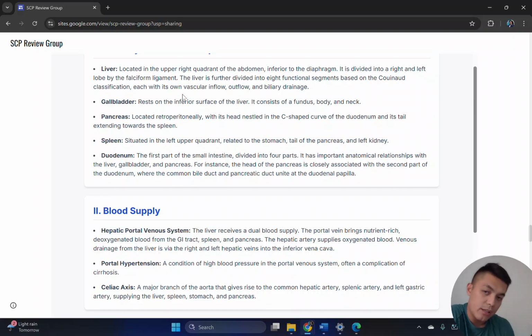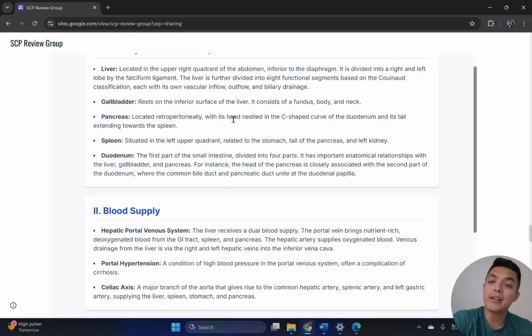In surgery, it's very important that we do not hit this with our suction port. So this is the falciform ligament. And the liver is further divided into 8 functional segments based on Couinaud's classification, each with its own vascular inflow, outflow, and biliary drainage. So 8 segments of the liver.